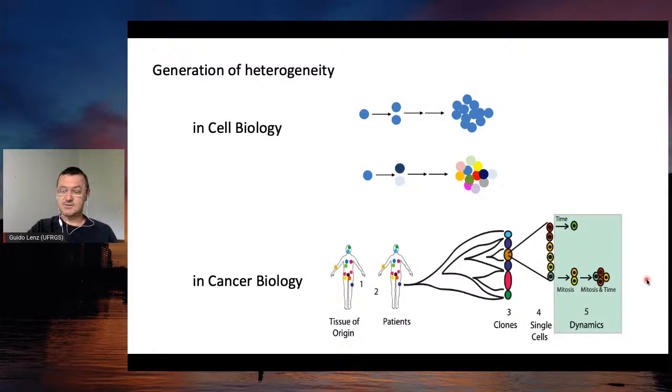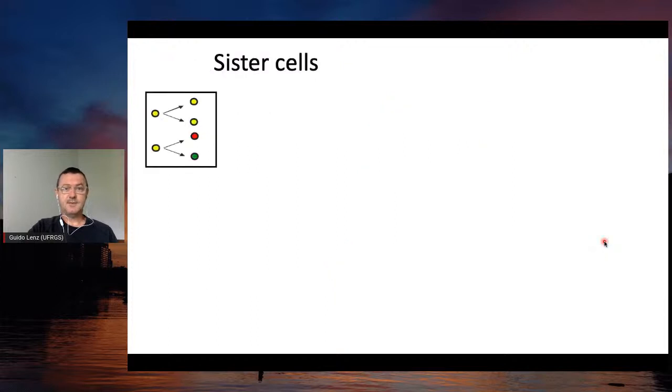I will talk today only about this square here, which is the heterogeneity generated only by phenotypic changes, not linked to genetic alterations.